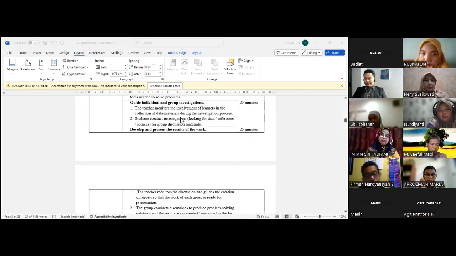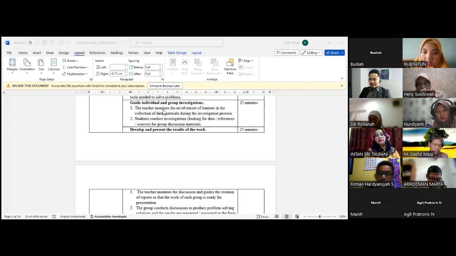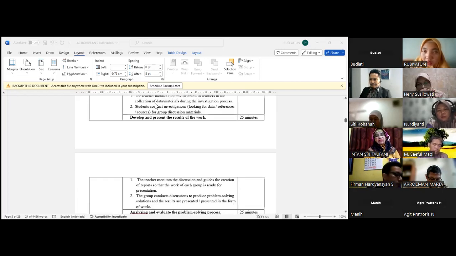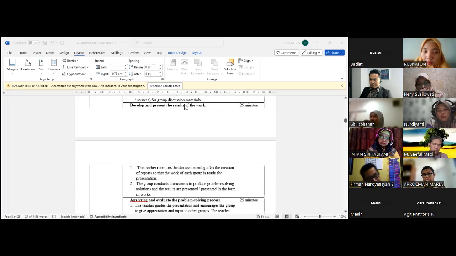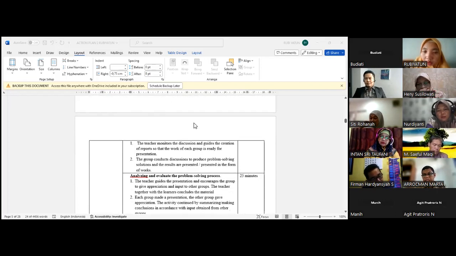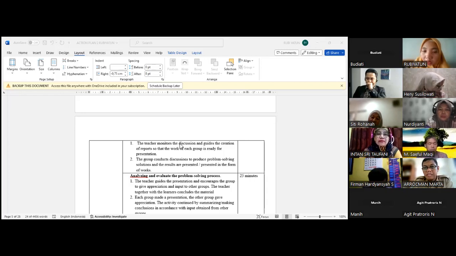The third is individual and group investigation. They still solve the problem in their group, and at step four, they develop and present the result of their work. The students present about the news and give examples in front of the class.